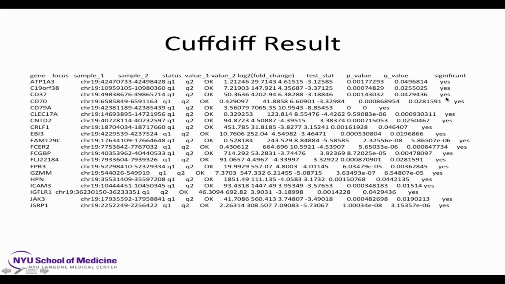And then CuffDiff has this nice little feature, if you're an Excel user, that it flags each gene as being significant or not significant. I think I sorted them so that the yeses all come to the top, so that you have that nice warm feeling that, yes, we can find differentially expressed genes given these two very different data samples.